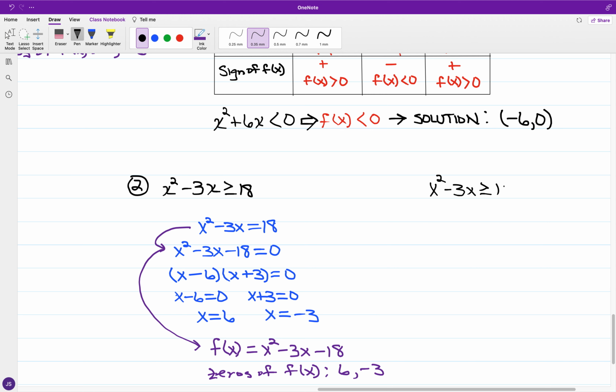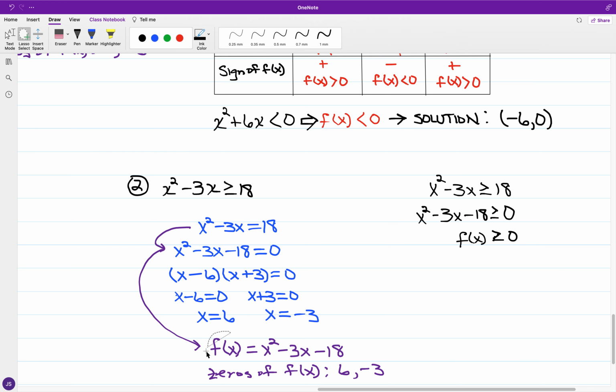Okay, so referencing what we have with the inequality, again just rewriting in terms of comparing to 0, we have x squared minus 3x minus 18 is greater than or equal to 0. So this is your f of x, and f of x is greater than or equal to 0.